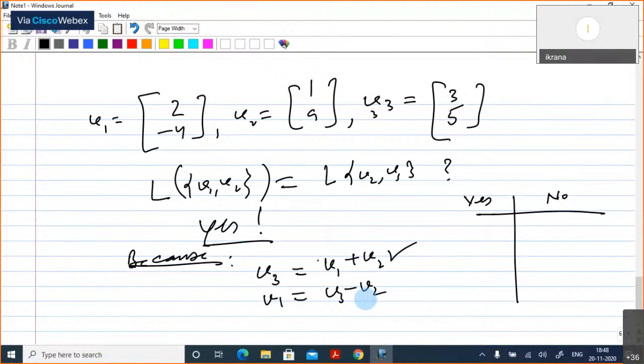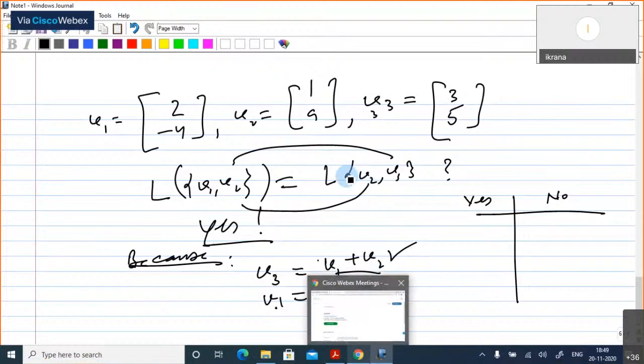Perfect. So what you are saying is these two are the same because V2 is already there, and I can write V3 as a combination of V1 plus V2. So V3 is inside, so all linear combinations of that will be inside. Similarly the other way around, V1 is equal to this, so the combinations will be inside. So good.